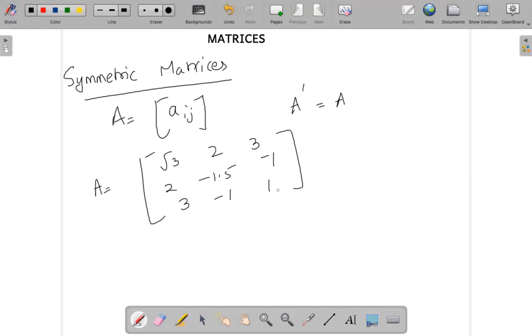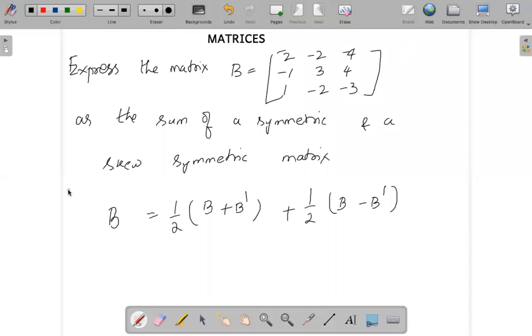This is said to be symmetric as A prime is also A. So that's what I meant.